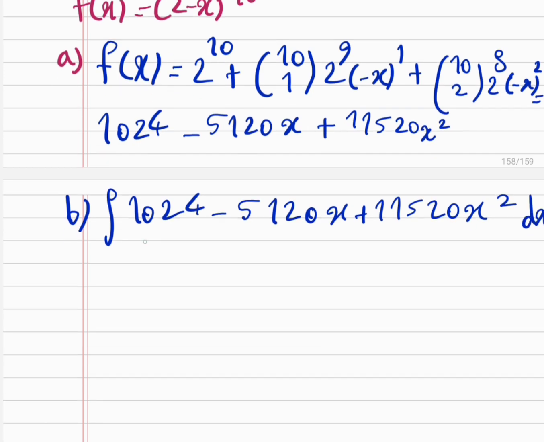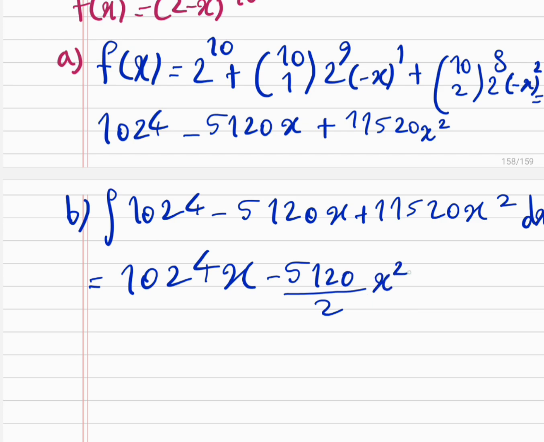So the first term is just a constant. It becomes 1024x. Then the next term becomes minus 5120 divided by 2 x to the power of 2. And the final term is this number divided by 3 x to the power of 3, plus the constant term.